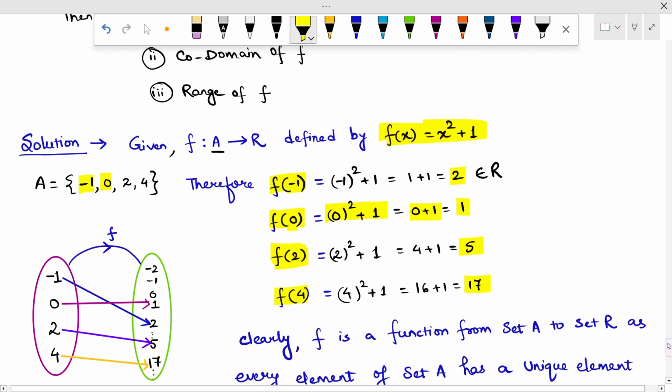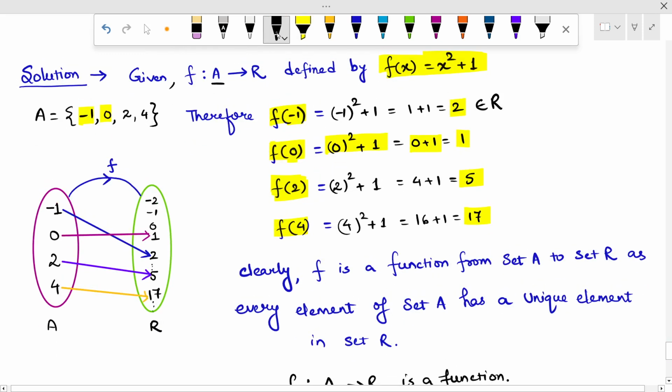If we make the arrow diagram over here, we can see this is the arrow diagram. We can see that each element of A is associated to a unique element of the set R. Means f is a function from set A to set R, as every element of set A has a unique element in set R, right?